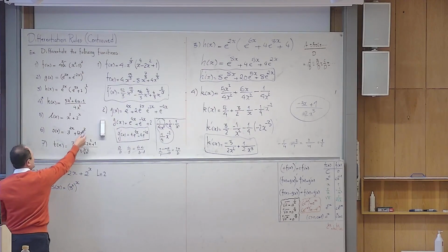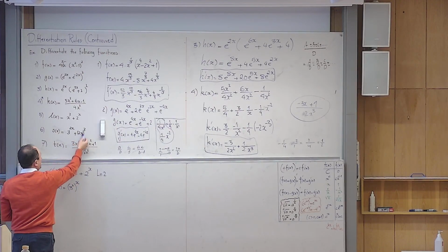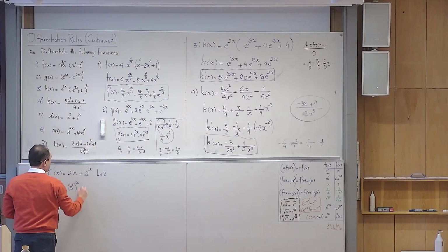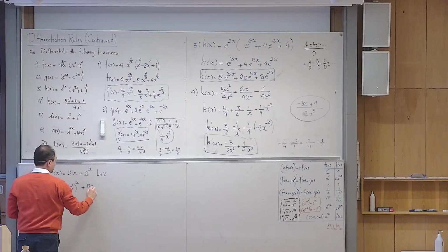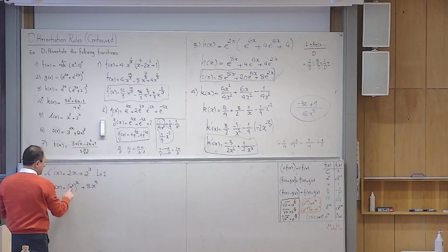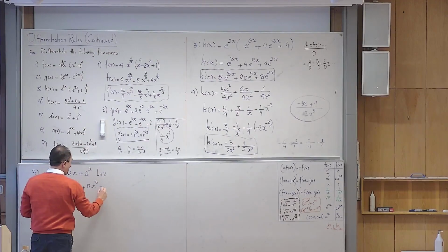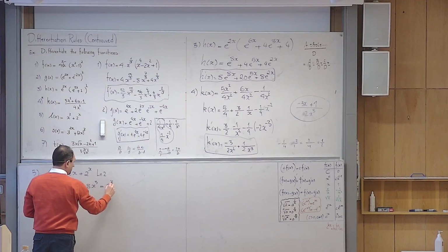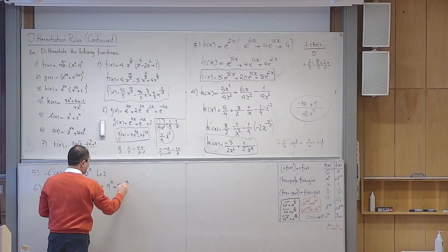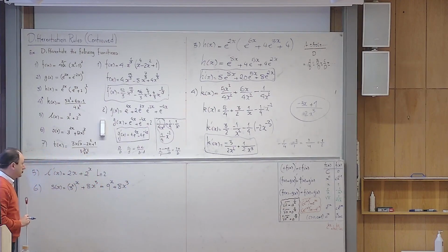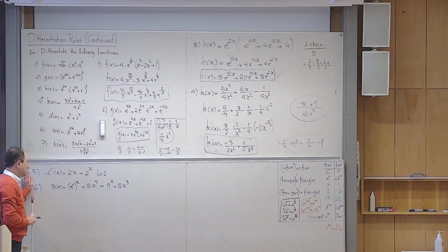And then here, of course, this is easy. 2 times x to power 3 becomes 2 to power 3, which is 8, and x to power 3. But 3 to power 2 has a better name, and that is 9 to power x. And then I have plus 8x to power 3. So now everything is ready, so I can start differentiation.